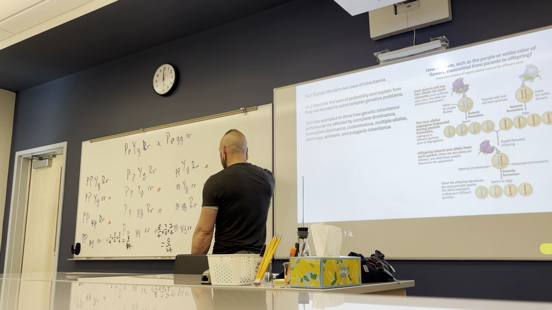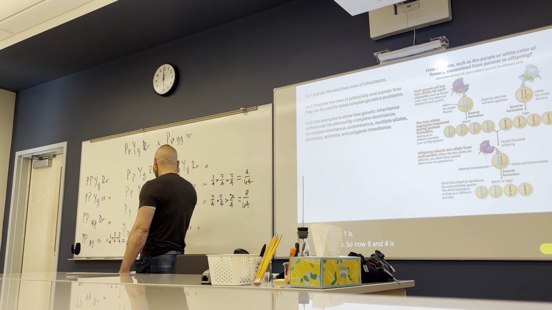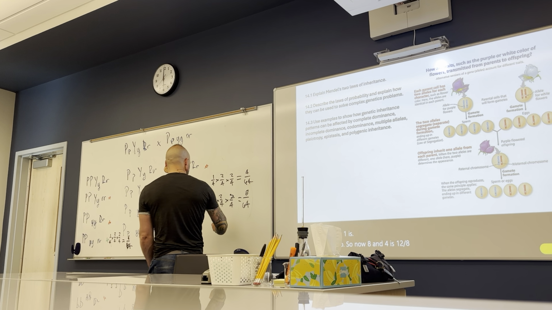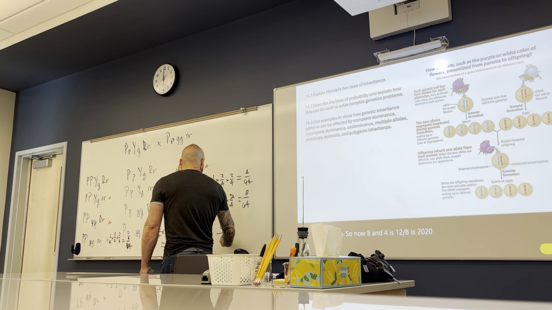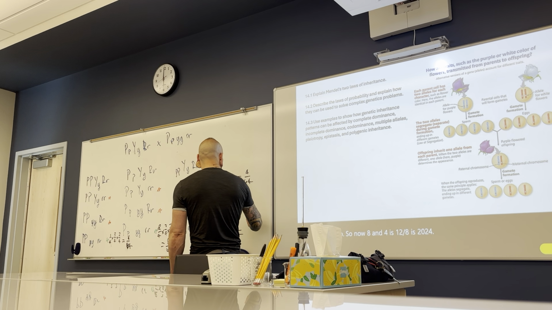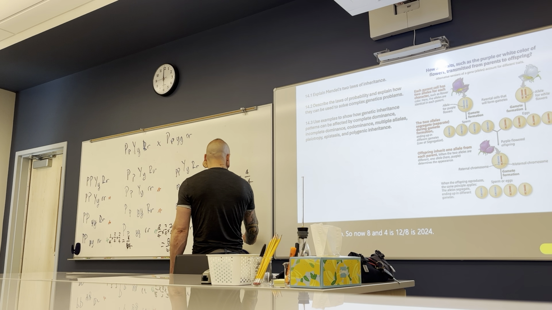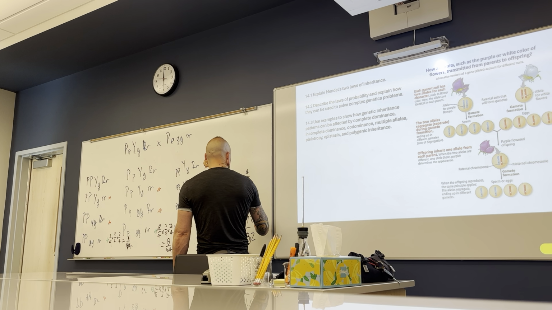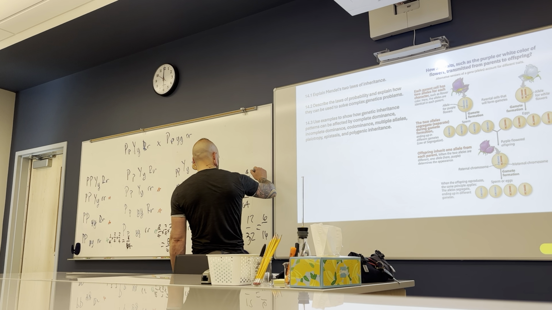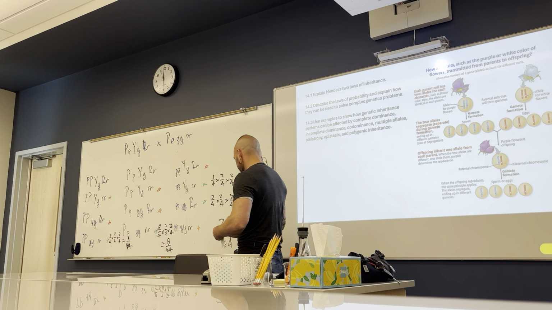So now 8 and 4 is 12, 8 is 20, 24. 24 over 64 equals 12 out of 32 equals 6 out of 16. Come on. There we go. 3/8. Final answer.